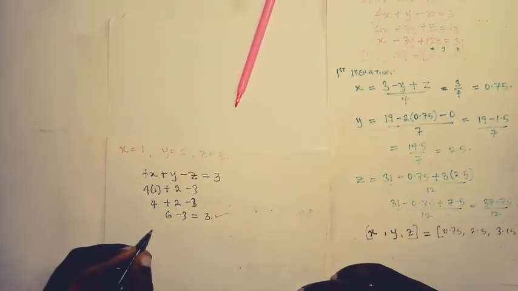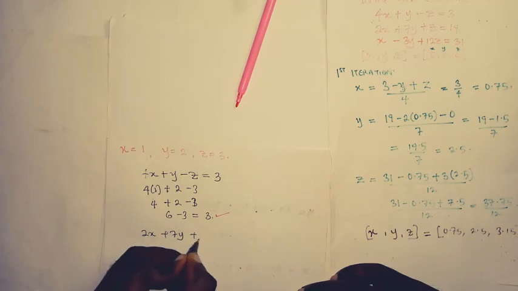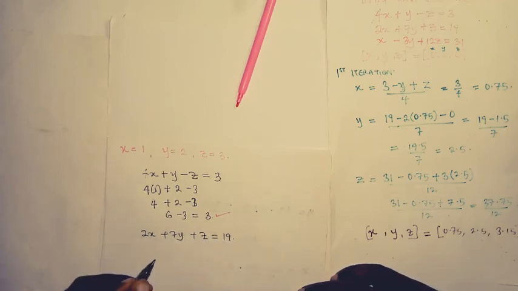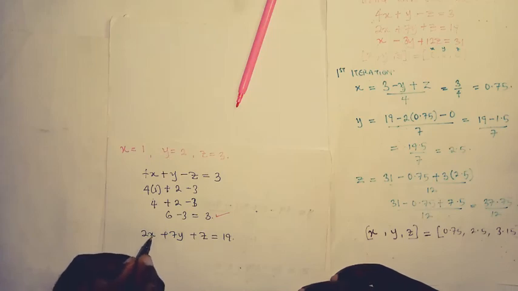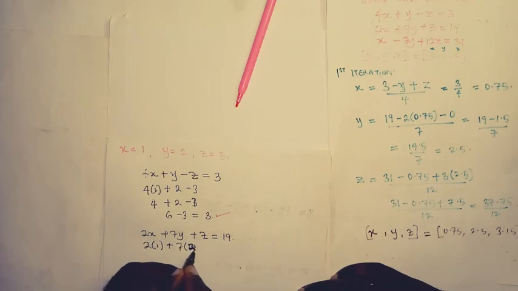For the second equation, I have 2x plus 7y plus z equals 19. So here my x is 1, so I have 2 into the bracket of 1 plus y is 2, 7 into the bracket of 2 plus z is 3.